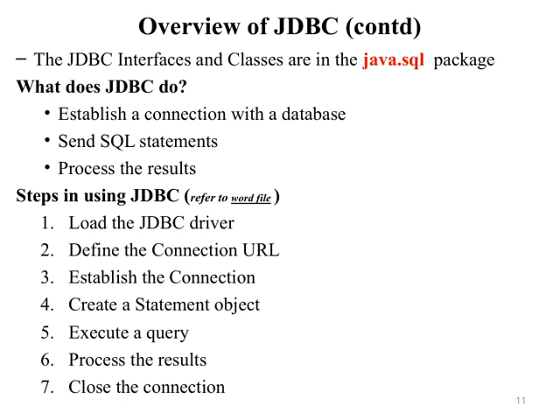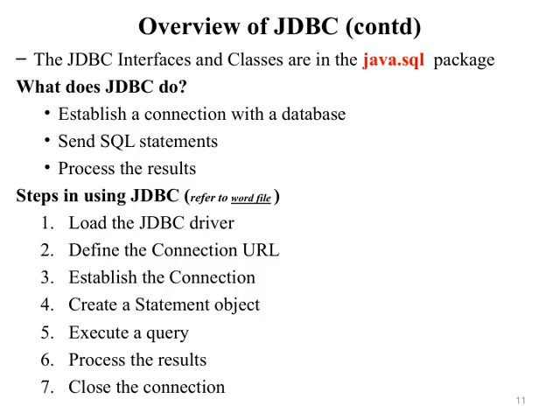Well, it helps us establish a connection with a database, which is the first crucial step. Once we're connected, JDBC allows us to send SQL statements. These are the commands that tell the database what data to retrieve or modify. After executing those statements, JDBC processes the results, turning the raw data into something our application can understand and use effectively.